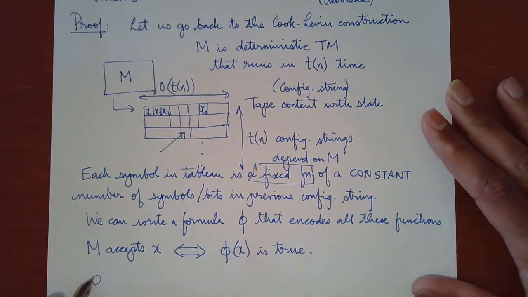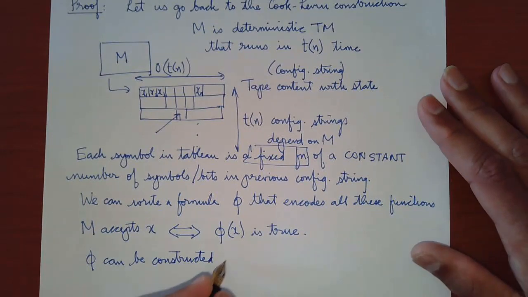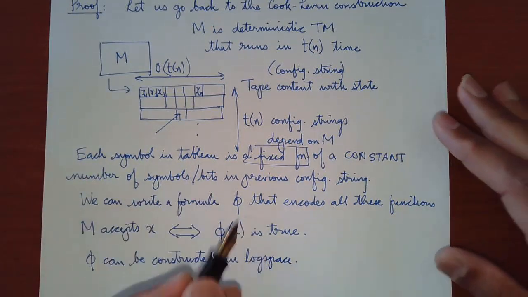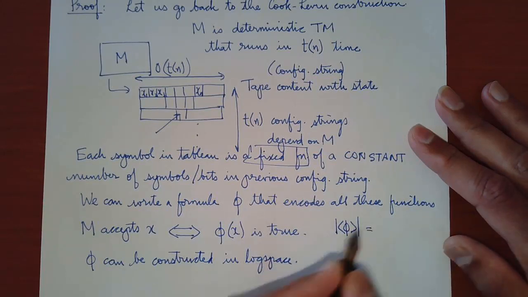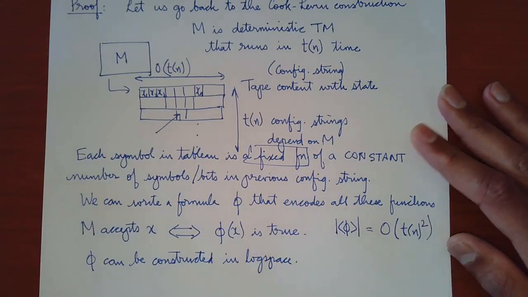Indeed, phi can be constructed in log space. Okay, so maybe there are a few things I should have said. The size of the encoding of phi is at most T(n) squared.